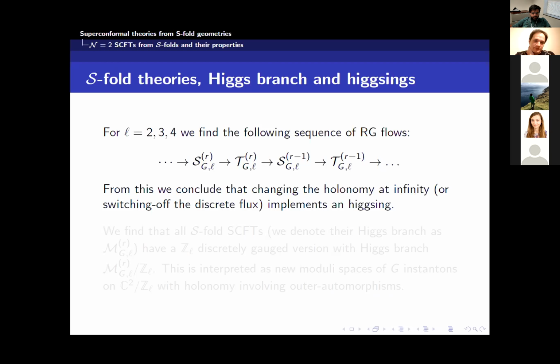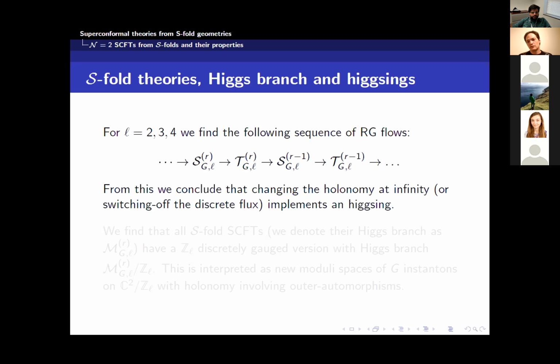And apart from this chain of flows, there is another one which is very easy to understand from the geometric description. The CFT point corresponds to keeping all the D3 branes at the fixed point of the Z_L action.